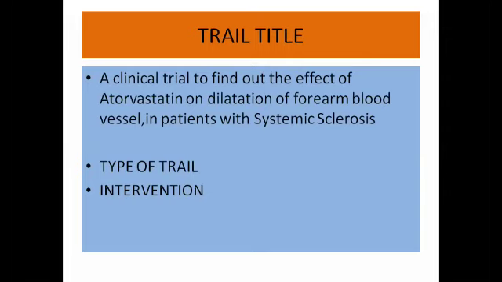And the next trial is to find out the effect of atorvastatin on the dilation of the forearm blood vessels. They are studying these effects in patients with systemic sclerosis.